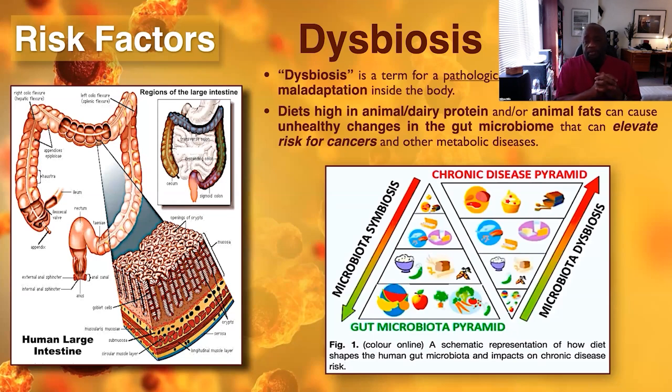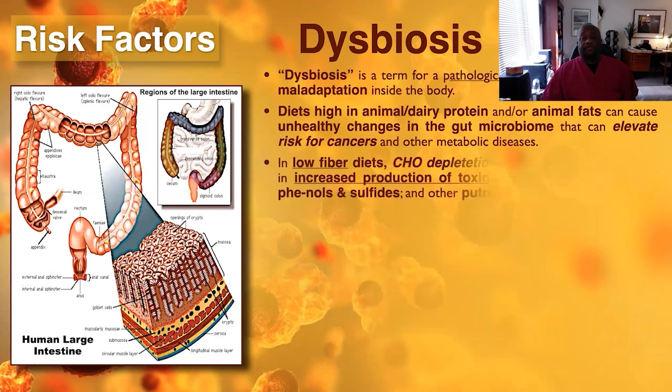So you see in these two pyramids that the pyramid on the right, which is weighted towards animal foods, increases dysbiosis, leading to chronic disease, whereas that on the left, which is based on plant foods, gives you a much healthier microbiome and decreases the risk for chronic disease.